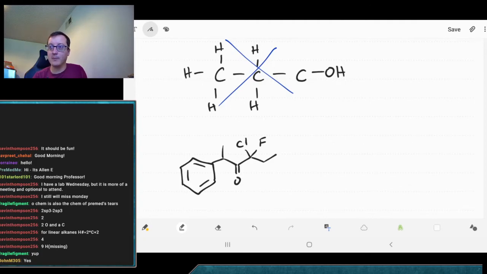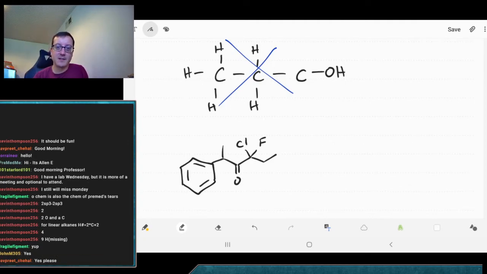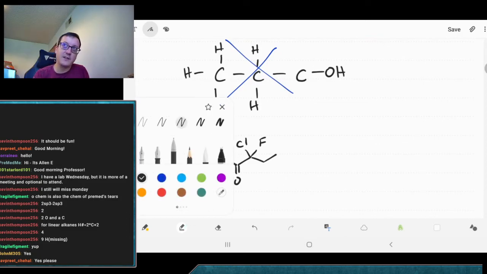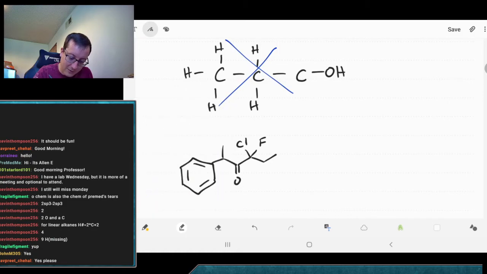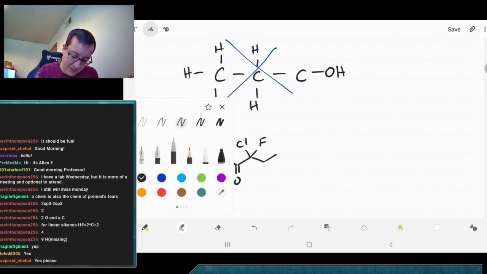Random molecule. This is the best because I can just come up with all these random molecules. It was such a pain in 111 to try and do Lewis structures because just having one central atom, it's so limiting. But with OChem, I can make 20 carbon molecules for no reason. And we can just have fun with them.